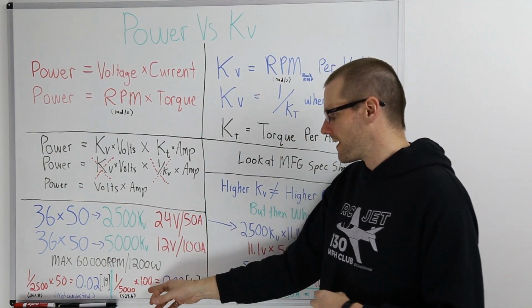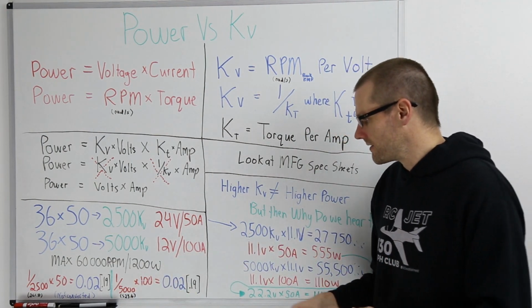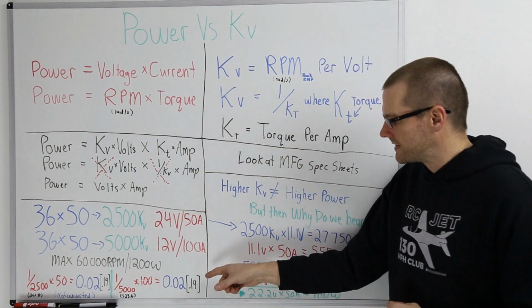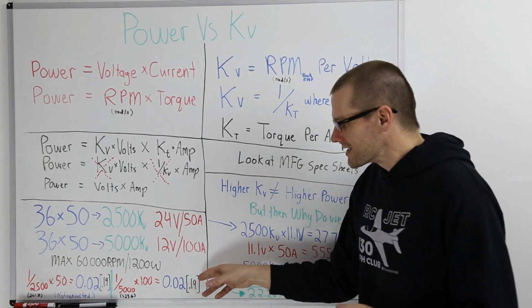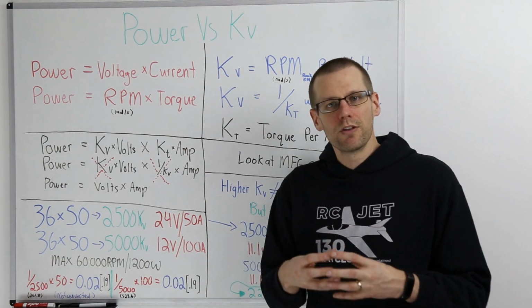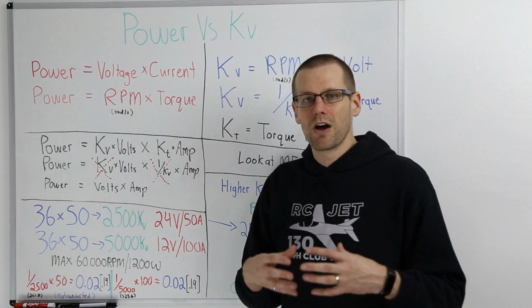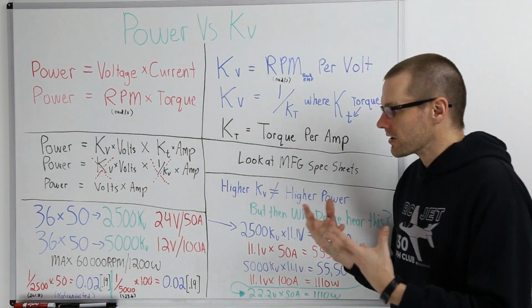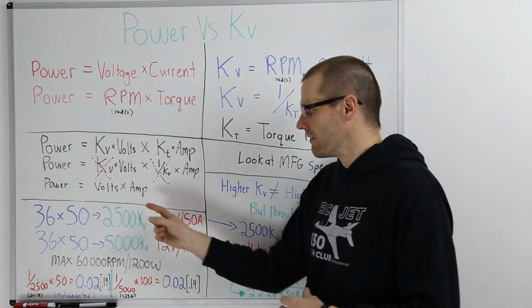We multiply that by 100, and we get this 0.02 unitless value here, as well as the same 0.19 Newton meters. Essentially what we have learned is both of these motors are going to produce the exact same amount of torque. And what we can conclude from this is that there essentially is no power difference for these motors.